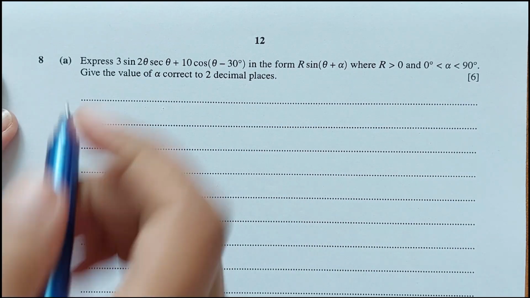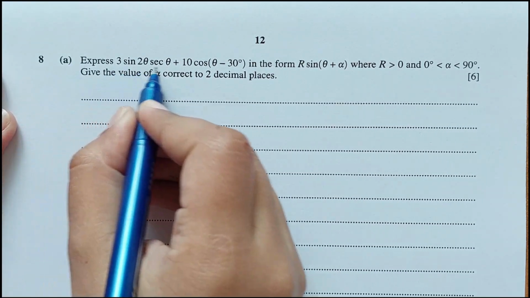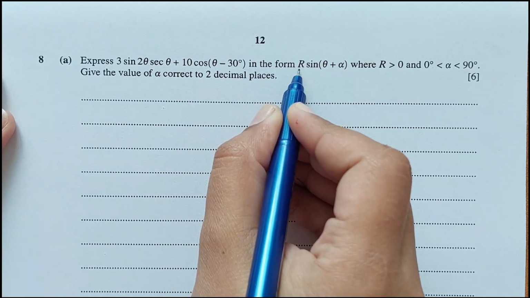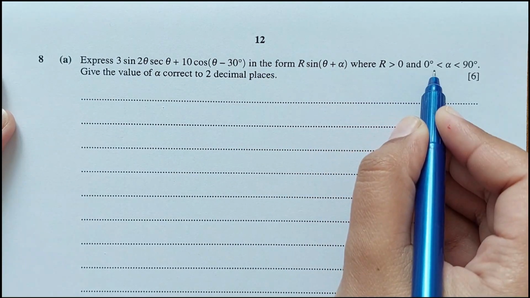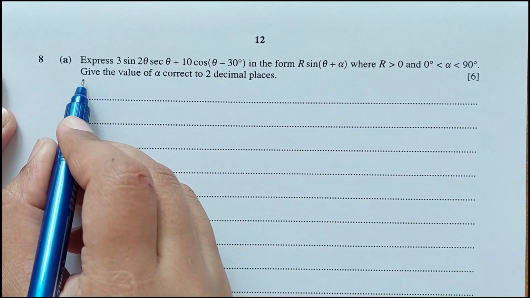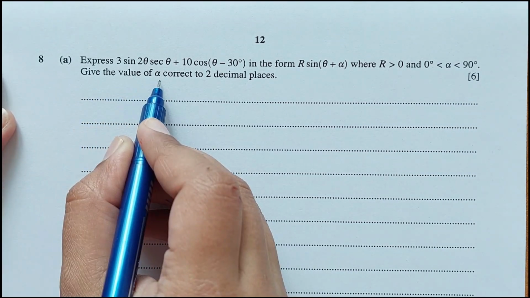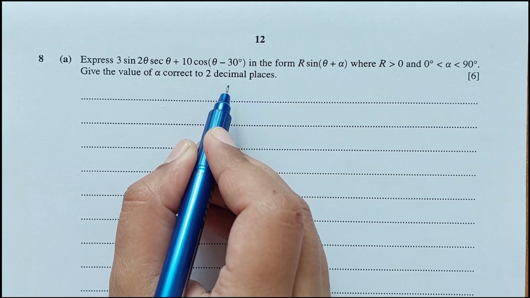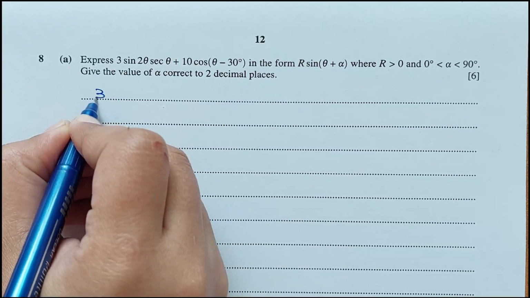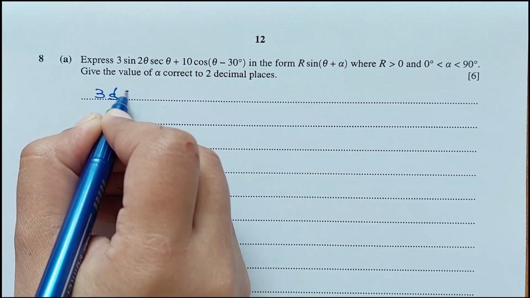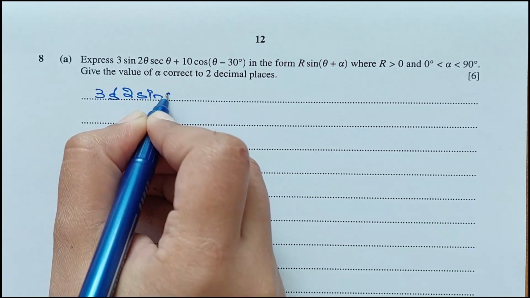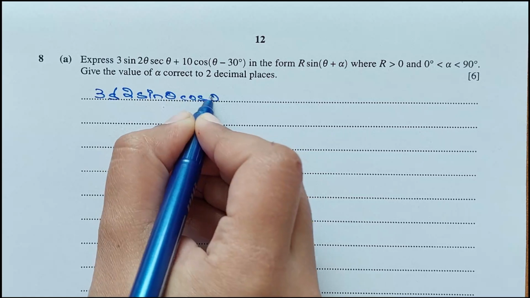Now question number 8, part A. Express this expression in the form r sine theta plus alpha, where r is greater than 0 and alpha is between 0 to 90 degrees. Give the value of alpha correct to 2 decimal places. Okay, so we have 3 sine 2 theta, which would be 2 sine theta cos theta.